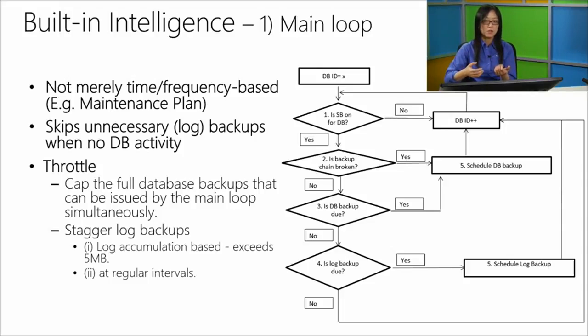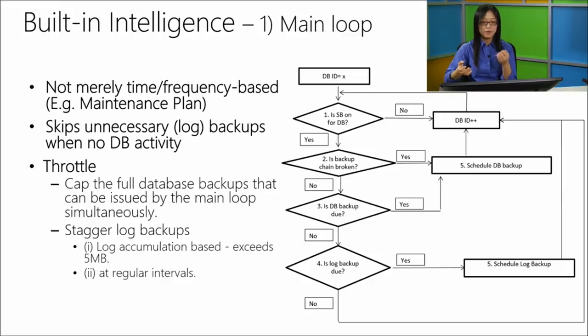Whether it comes down to a full backup or a log backup, we have certain thresholds that we consider. So it's not just dumbly like a maintenance plan that takes a backup at a certain interval, but it also considers the activity of your live system. So it actually sees whether it needs to fall back or needs to be more aggressive.